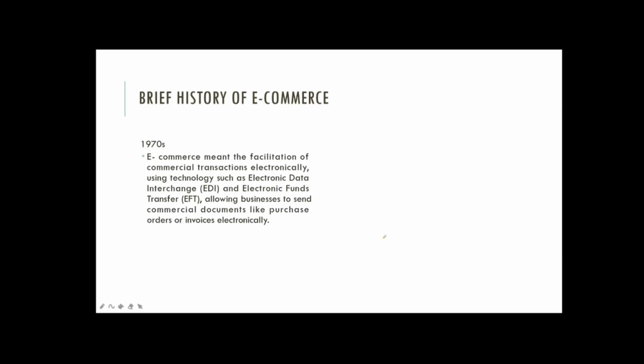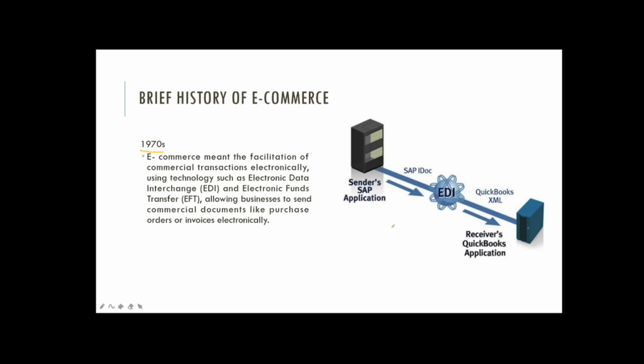So just a brief history of e-commerce. It all started in 1970. If you are familiar with SAP, they use electronic data interchange or EDI and electronic funds transfer or EFT, and in this figure you see the connection between the sender's application and the receiver. They transmit computer-readable data in a standard format to another business.